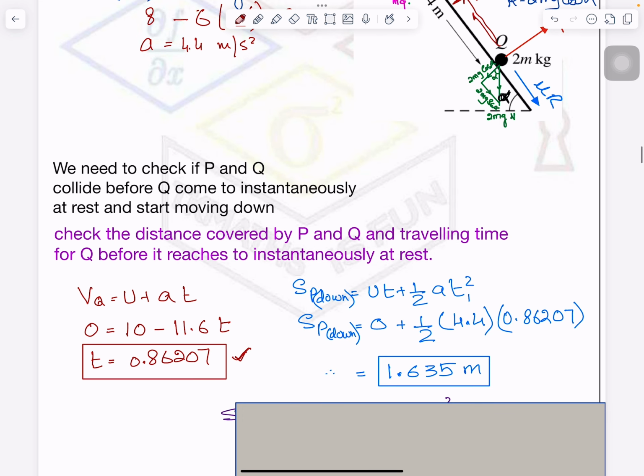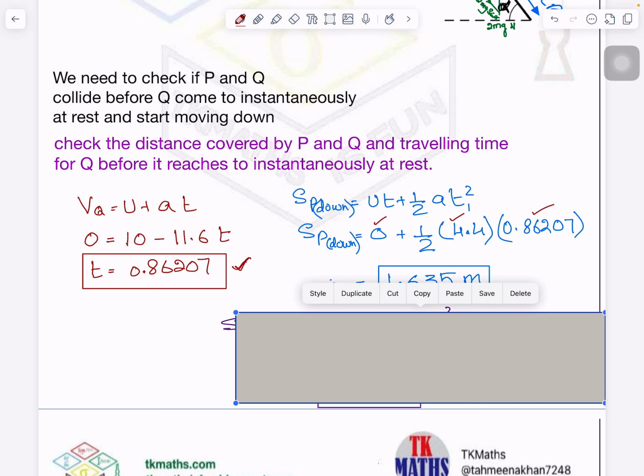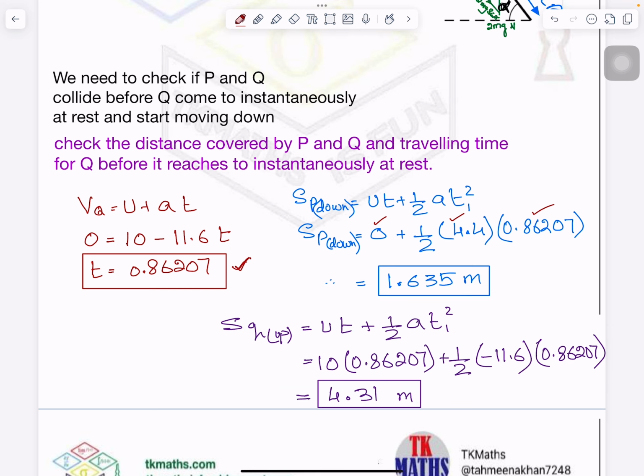So we are using the constant acceleration formula, ut plus half at squared. For P first, P was initially at rest, so u is equal to 0. We have calculated the acceleration of P as 4.4, and the time we have just calculated here. So P will cover 1.635 distance and Q will cover 4.31 distance.